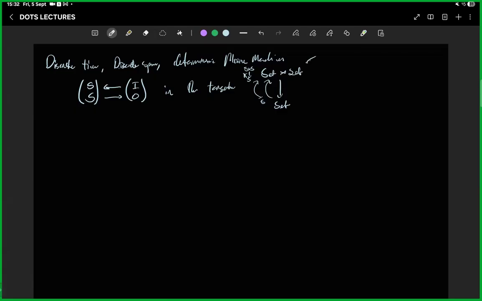I remember that this was the product projections, the objects in the categories were so that, right? And so consider such a thing.